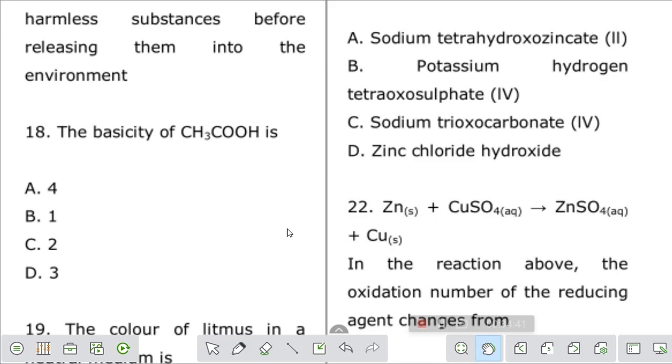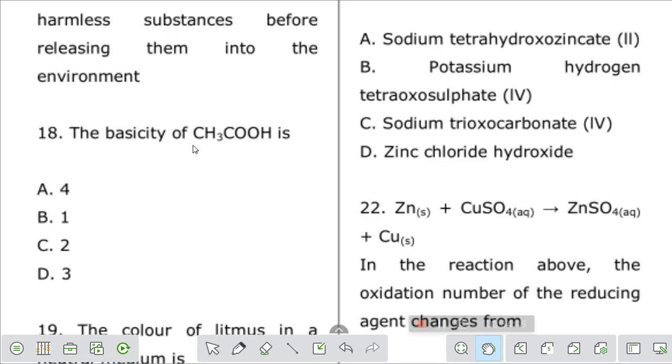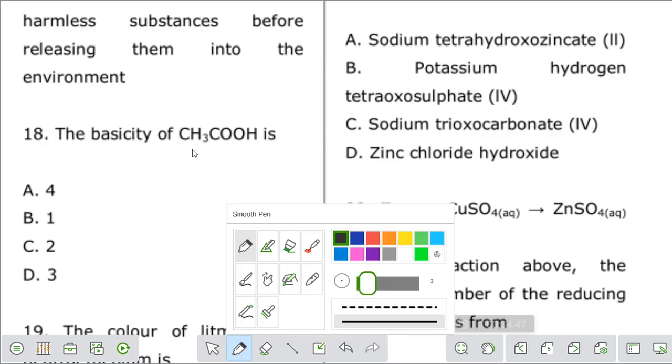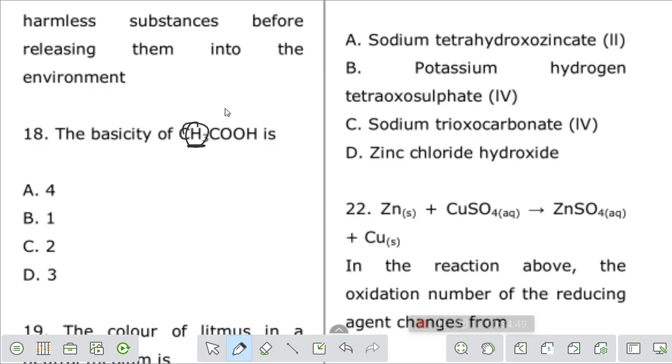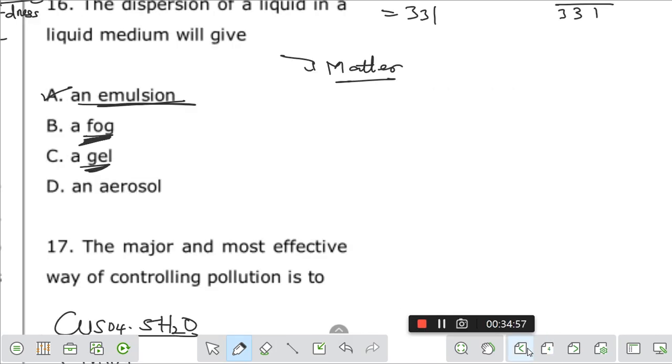So number 18, the basicity of CH3COOH is what? They're asking us that. I told you when I was teaching you acids, bases and salts that you don't count this hydrogen here, as it cannot release this hydrogen. It can only release this hydrogen, right?